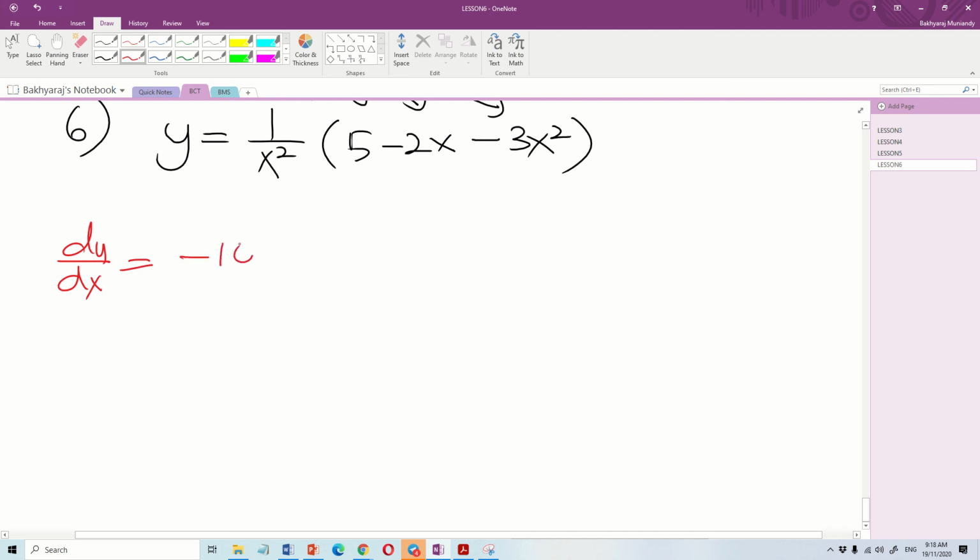Okay, negative 10 over x power of 3 plus 2 over x power of 2. Okay, one answer. Syakiri wanted to try earlier. Same answer as Kailash. Okay, same.